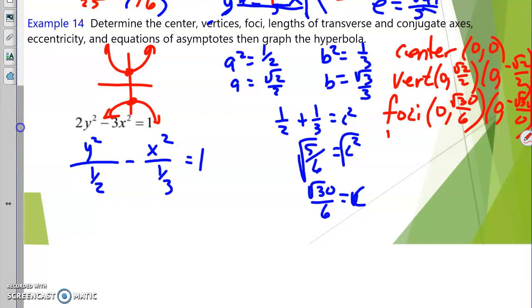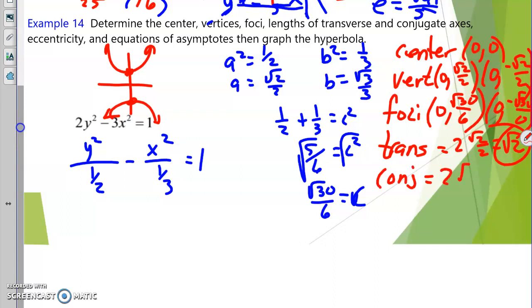My transverse axis is going to be 2 times the square root of 2 over 2, or just the square root of 2. And my conjugate axis is going to be 2 times the square root of 3 over 3.